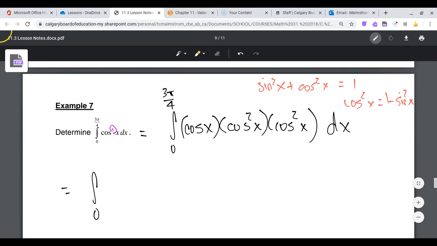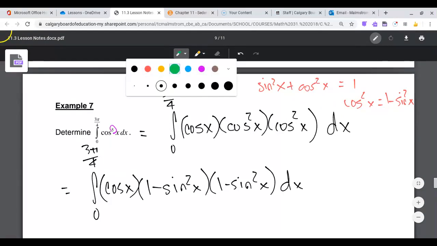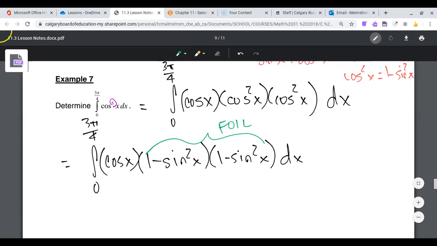All right, so 0 to 3 pi on 4 of cos x, and then my cos squared x's are going to get replaced with their identity. And then I'm actually going to multiply those together. I'm going to use FOIL to expand these.